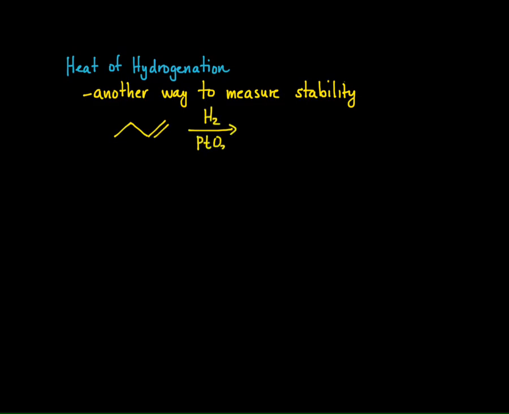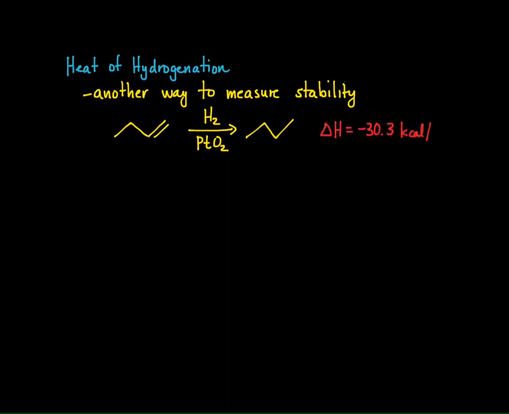Another way of looking at the physical consequences of this conjugated system is by thinking about the heat of hydrogenation. So we know that we can measure the stability of a molecule by looking at its heat of hydrogenation, and this is something we did with alkenes, right? So if I take one butene and I hydrogenate it, I get one butane, right?